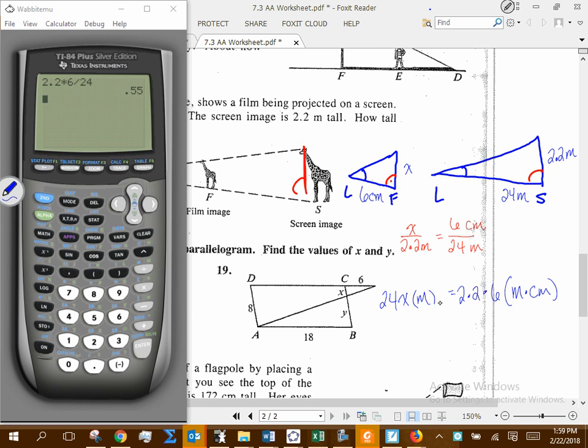Yes. Now, if I divide both sides by 24 meters, what happens to these meters here? They cancel out. And now the only unit left over is centimeters, right? So in this case, I do get a distance, but now it develops the centimeter unit for me. Does that make sense? Okay.